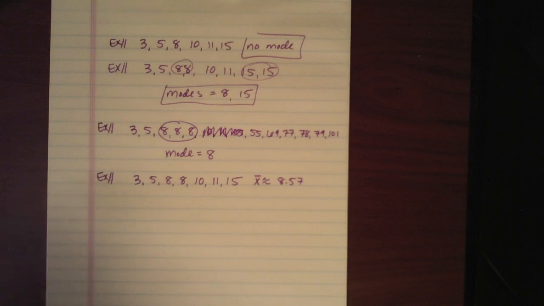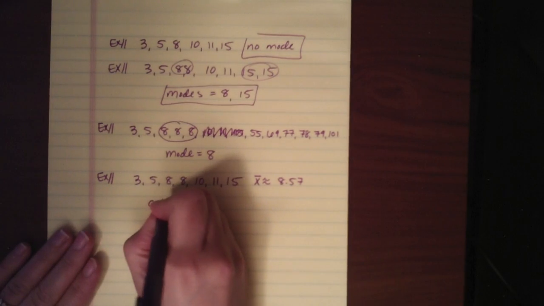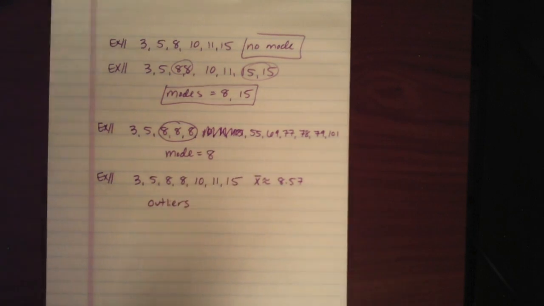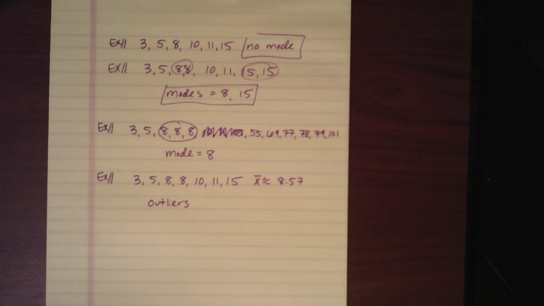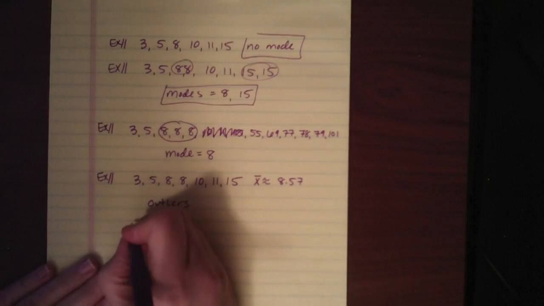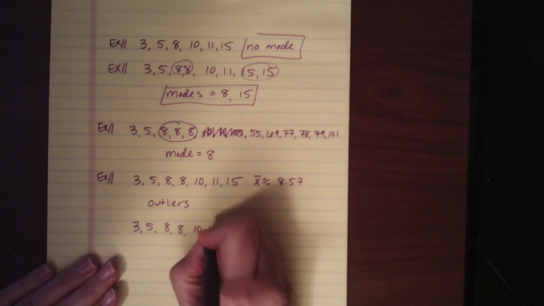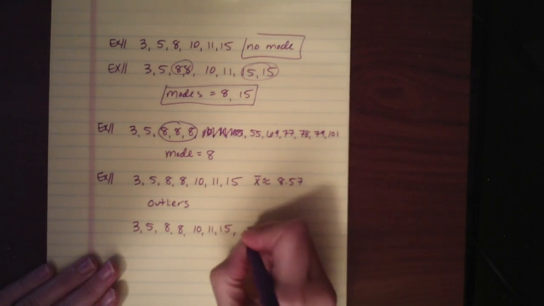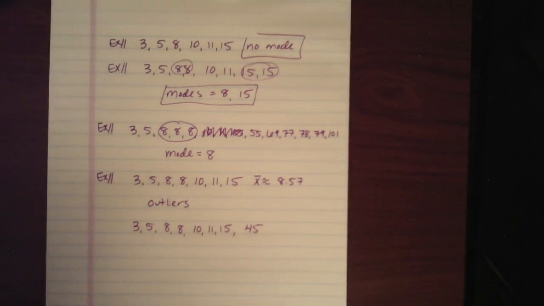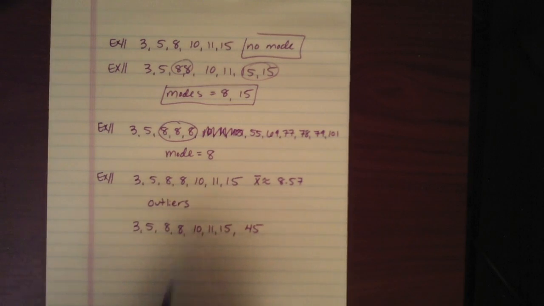The problem is what happens when I add in what are called outliers. Outliers in a data set are values that are very far removed from the bulk of the data. Okay, so let's say that I had this extra value, and I think the one that I picked was 45. So 3, 5, 8, 8, 10, 11, 15, 45.